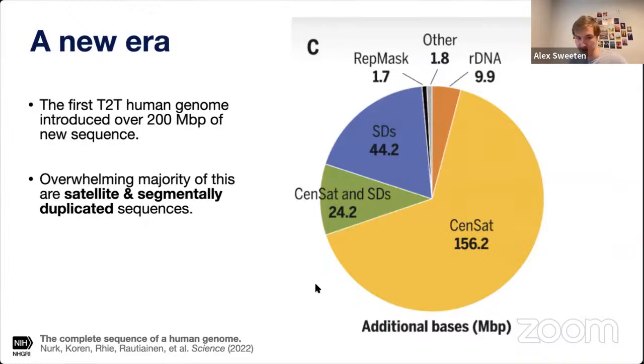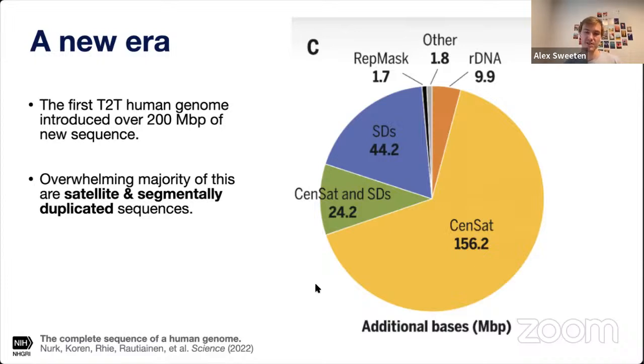The overwhelming result of this is that the regions that are new to this reference genome, compared to what we couldn't see before, are pretty much all repeats. The overwhelming majority are satellite and segmentally duplicated sequences. So SenSat regions, these are satellites that are apparent in the centromeres, make up almost 3/4, or 150 megabases, of new sequence.